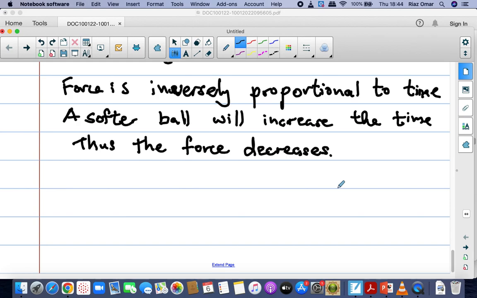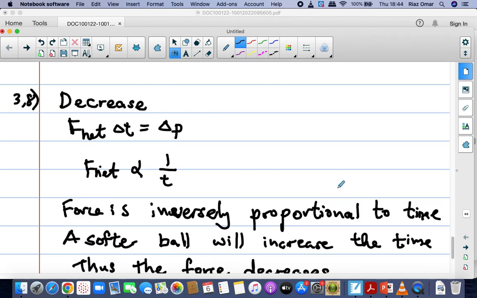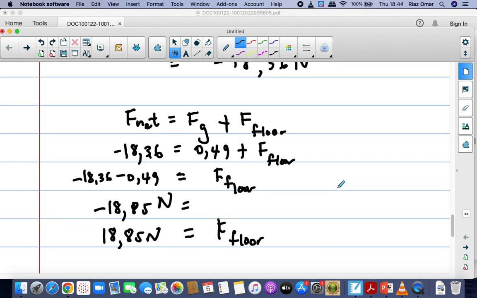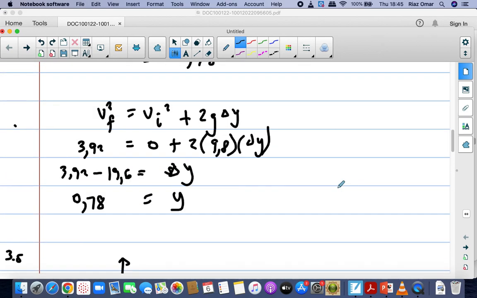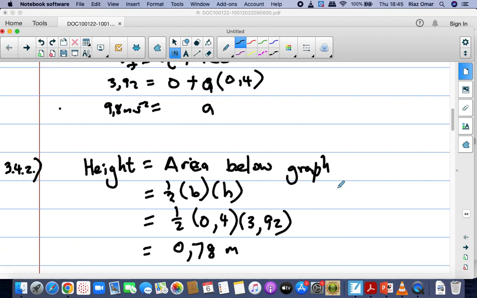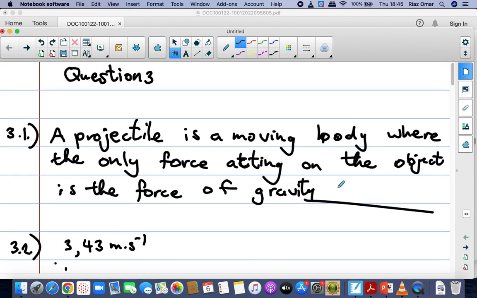Okay, so looking at that, we've got the answer for 3.7, we've got the answer for 3.8, and with that we will conclude question 3 relating to our section.